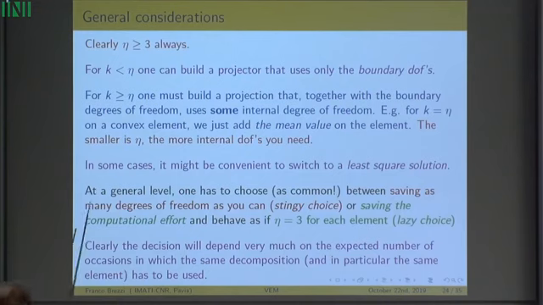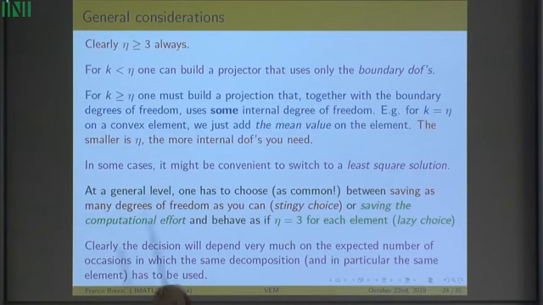Otherwise, you have to take some degrees of freedom inside, as we did for k equal to 3. But then to really choose the least amount of degrees of freedom inside, it could be really complicated.